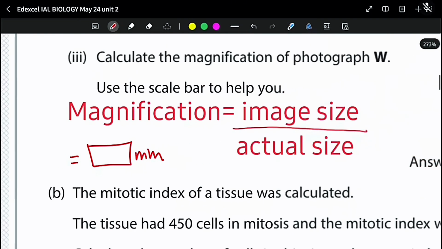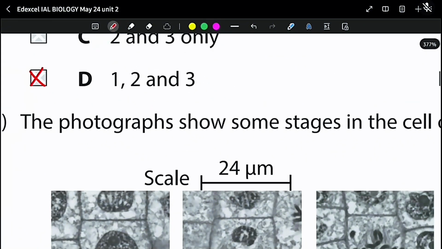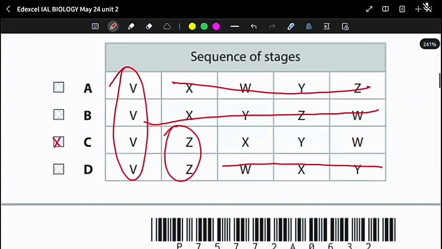And you can see the scale bar is in micrometers. Using a ruler, we cannot measure in micrometers, so we have to measure in millimeters. Then from millimeters to micrometers, we just multiply that number in millimeters by 10 to the power 3, so that our units are the same.